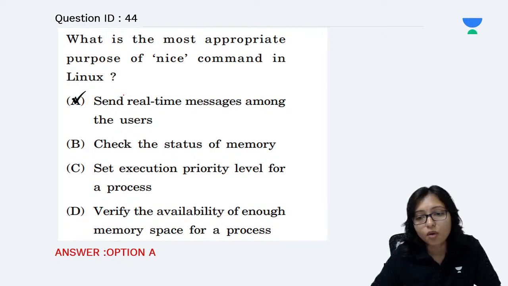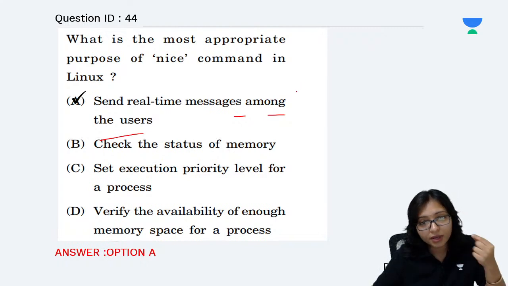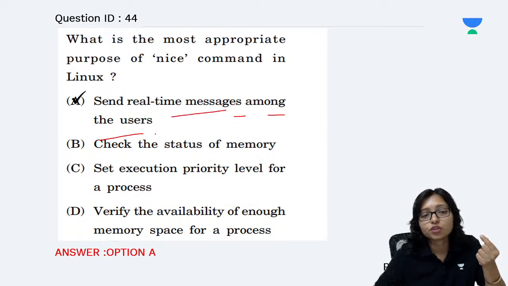If you do not specify the increment value, the nice command by default increments by 10. If you are not taking the increment, then it will increment. Here it is working as an increment by 10.